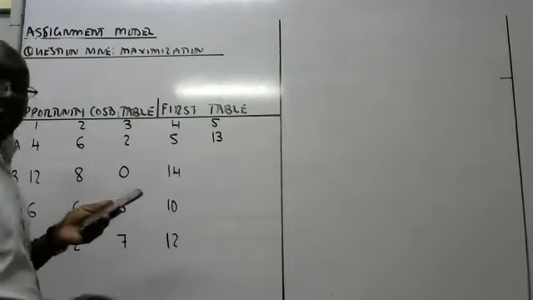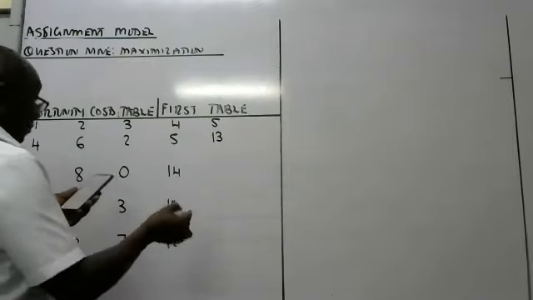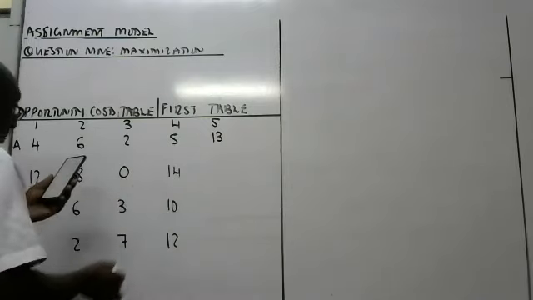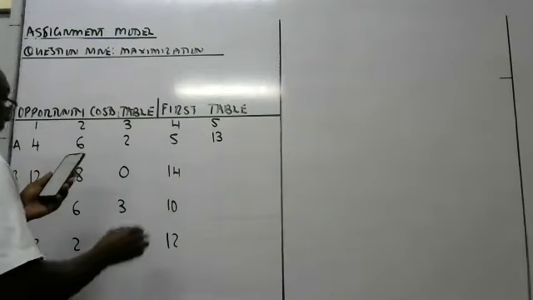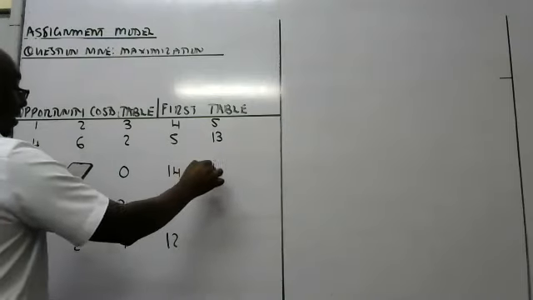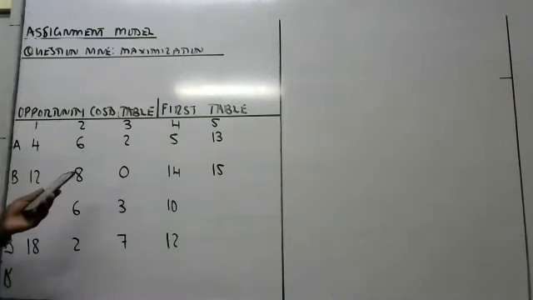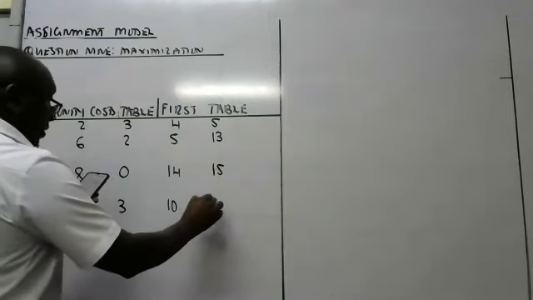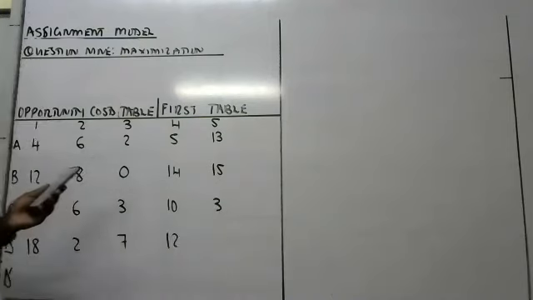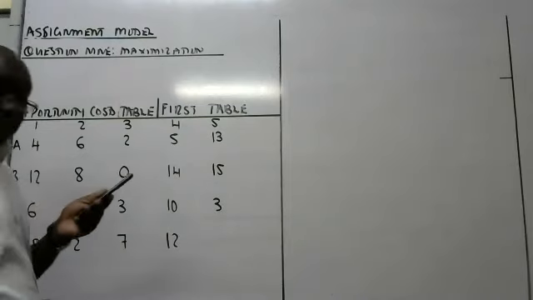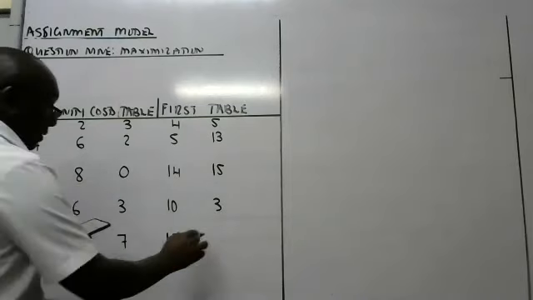Okay. These are very simple things to go over. 96 minus 81. 96 minus 93. And 96 minus 88.